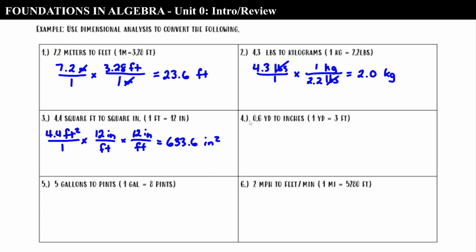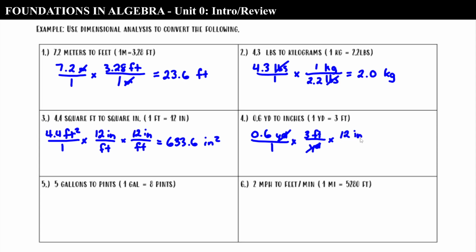All right, 0.6 yards to inches. We start with 0.6 yards and put that over 1. We know that 1 yard equals 3 feet, so we do 3 feet per yard. Our yards cancel, but now we have feet. We want inches, so we have to use another conversion, and that is how many inches are in a foot.